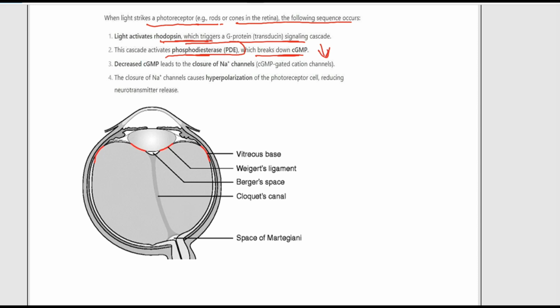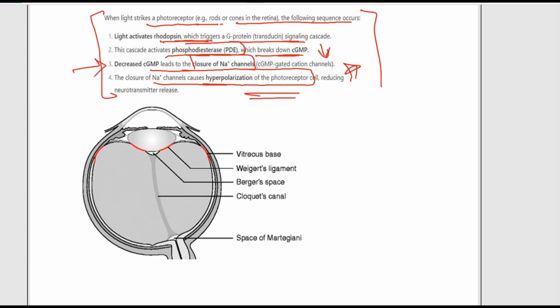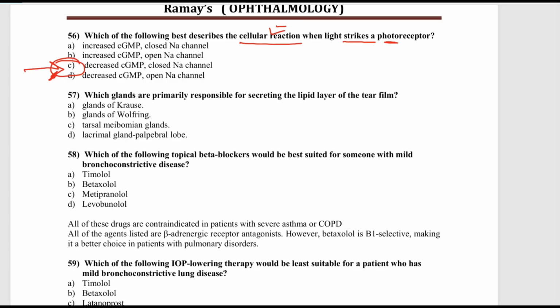Decreased cGMP then leads to the closure of the sodium channels, and this closure leads to the hyperpolarization of the photoreceptor. This pathway is very important. Any MCQ can be asked from these points other than the MCQ I have mentioned here.